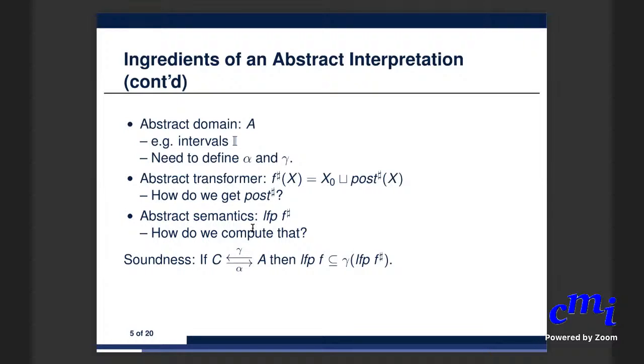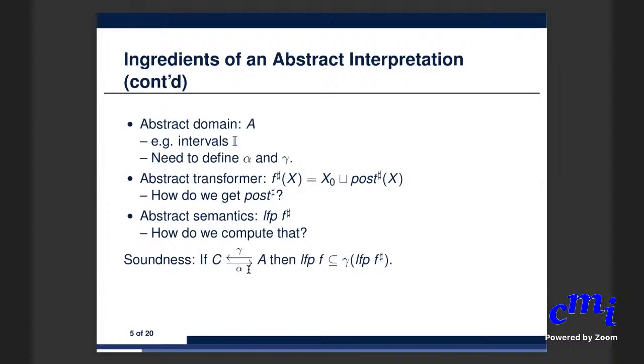Okay. So once we define post hash, then of course F hash, the abstract transformer for the collecting function, can be defined as defined here. And then you have to compute the least fixed point. How do you compute that?